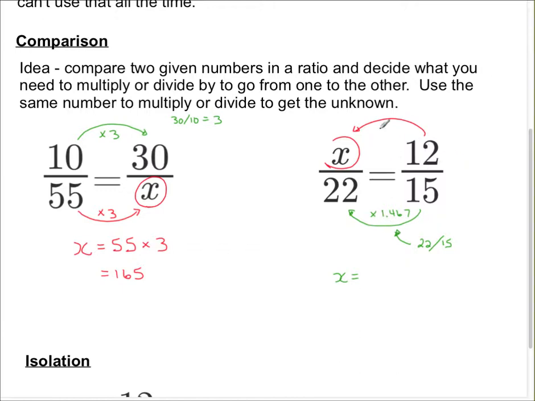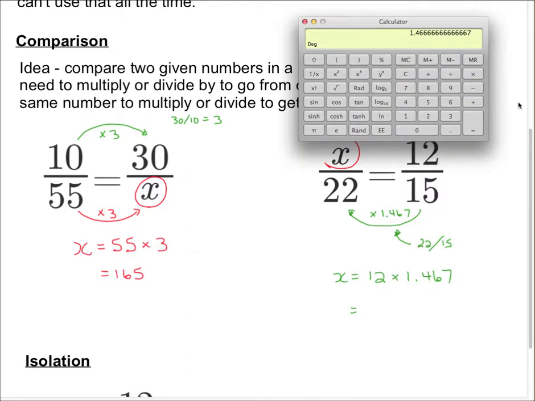I have to multiply it by the same thing, so x is going to be 12 times 1.467. On the calculator, I never hit delete until I start to do something else that I need, because I might need that number later. So I multiply 1.467 by 12, and it tells me it's 17.6.